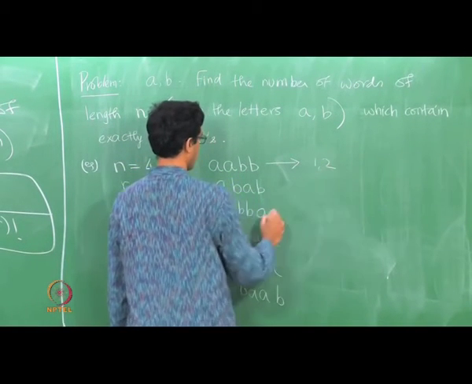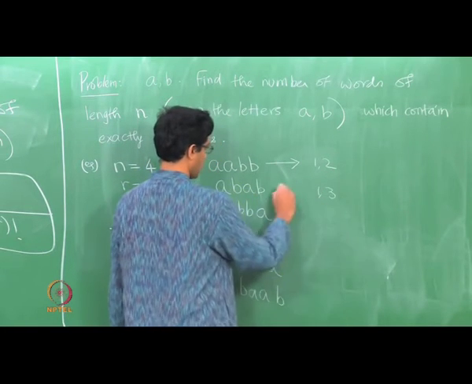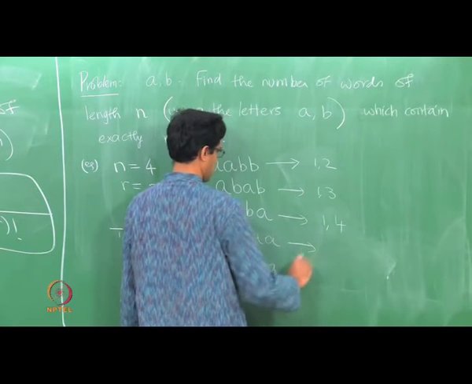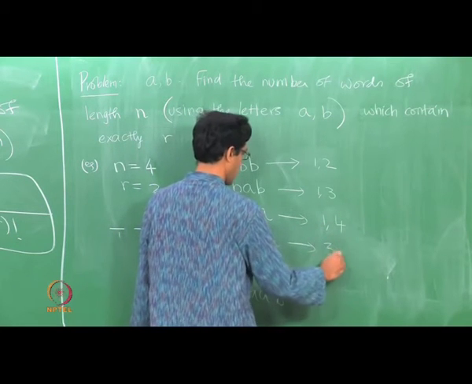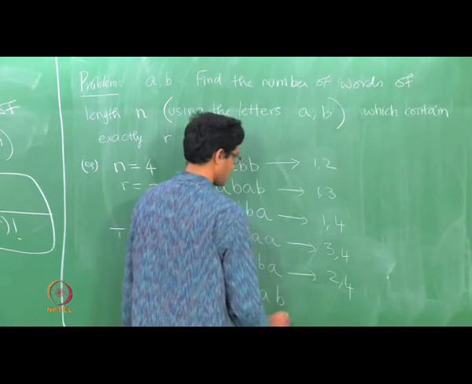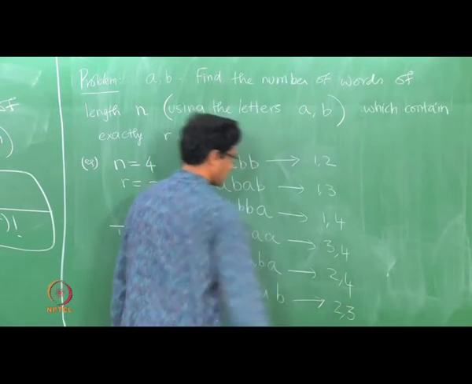So I think of it as 1, 2. ABAB has A's in position 1 and 3. This has A's in position 1 and 4. This has A's in position 3 and 4. This is 2 and 4. And this has A's in position 2 and 3.